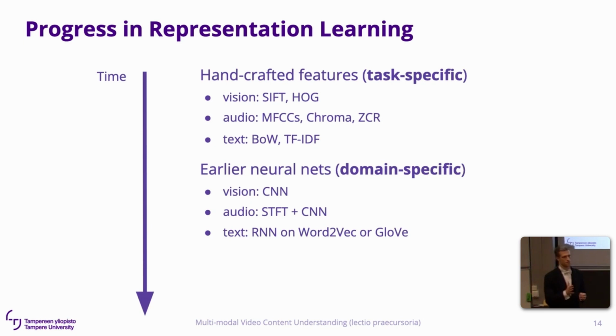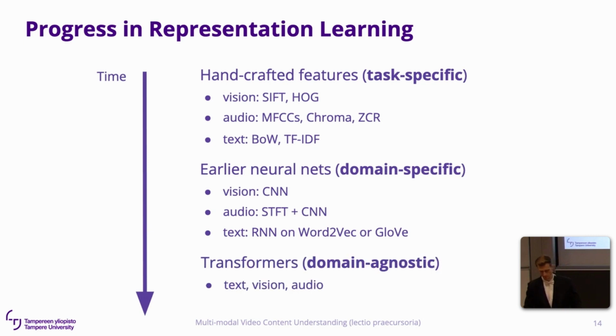And already at that time, we started to see some unification across architectures. Nowadays, however, we don't even need to design the architecture, because transformers are general enough to provide us with a good baseline, if not the state of the art. All you need to do is tokenize the text and patchify the image or audio spectrum, and you are set for success.